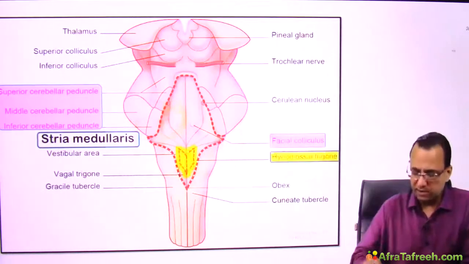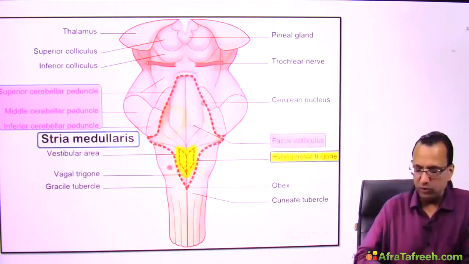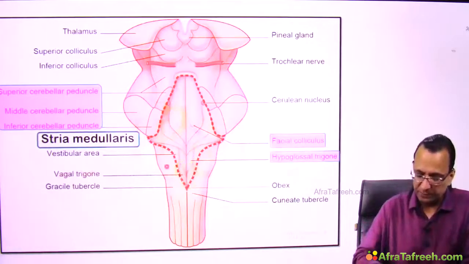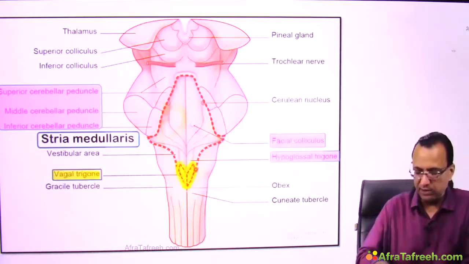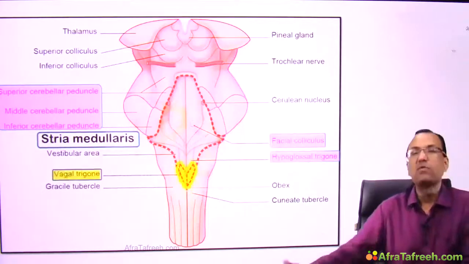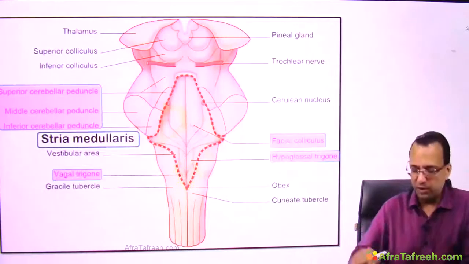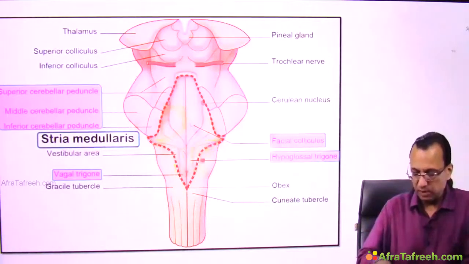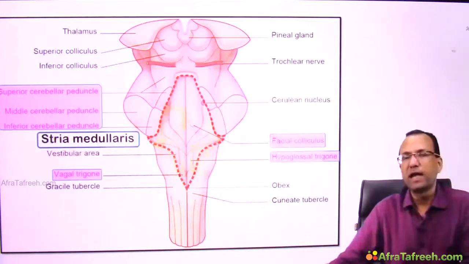The most medial nucleus is the hypoglossal nucleus, and due to that nucleus there is some elevation called the hypoglossal trigone. Lateral to that is the 10th nucleus producing a vagal trigone, and if you go still more lateral, there will be vestibular nuclei, and that is the vestibular area. Eighth nerve is most lateral.